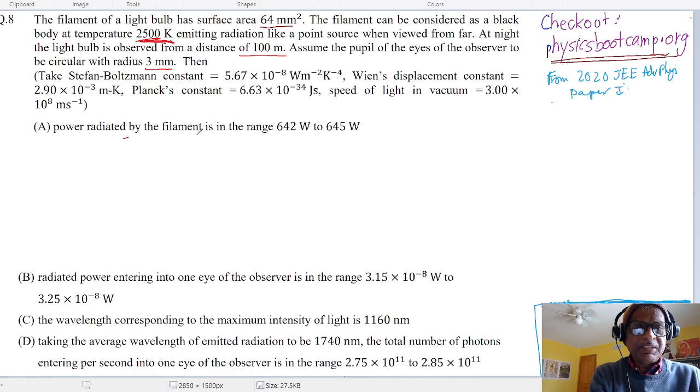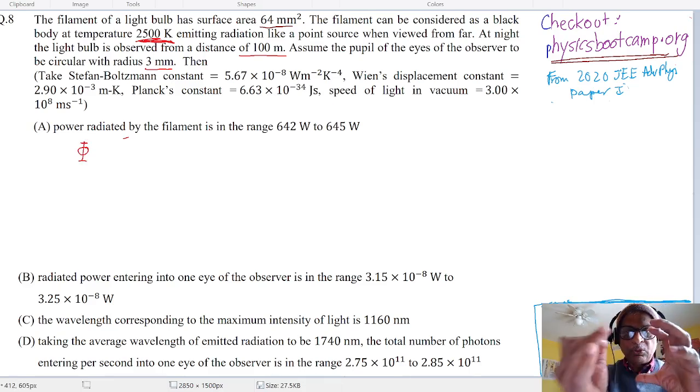How much power is radiated by the filament? It's already given a hint, the Stefan-Boltzmann constant is given. So there is a law: the flux radiated out, okay?